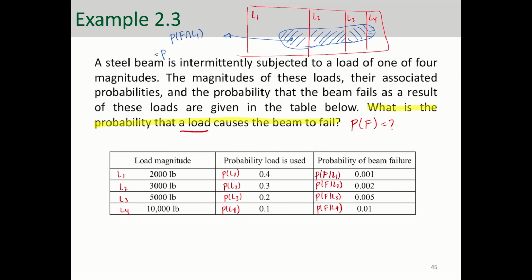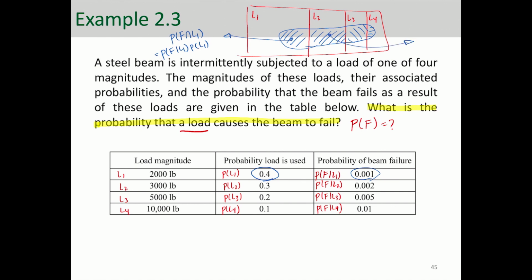And that is the probability of F given L1 times the probability of L1. Well, thankfully we can calculate that, because we know the probability of F given L1, we know the probability of L1, so we can calculate that piece. And then you go to the next one.